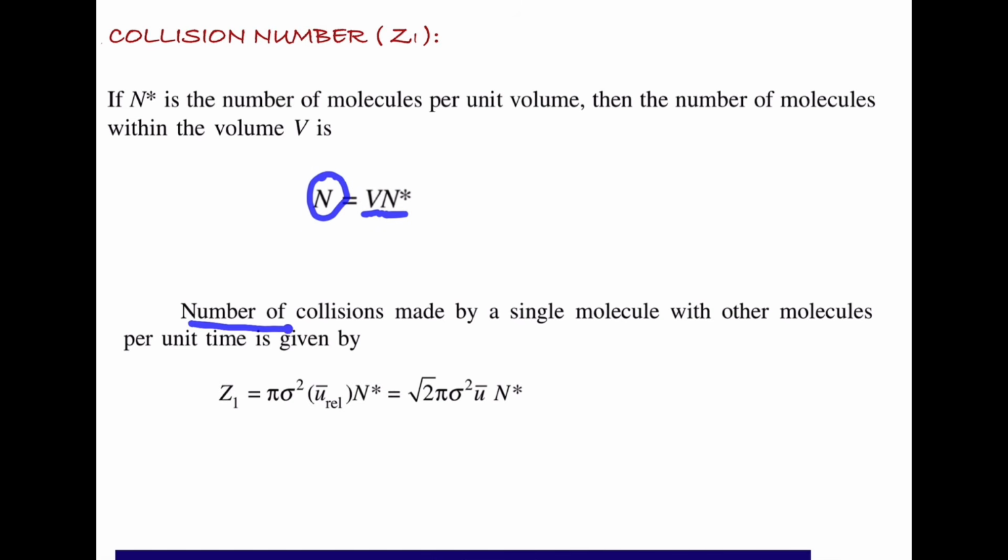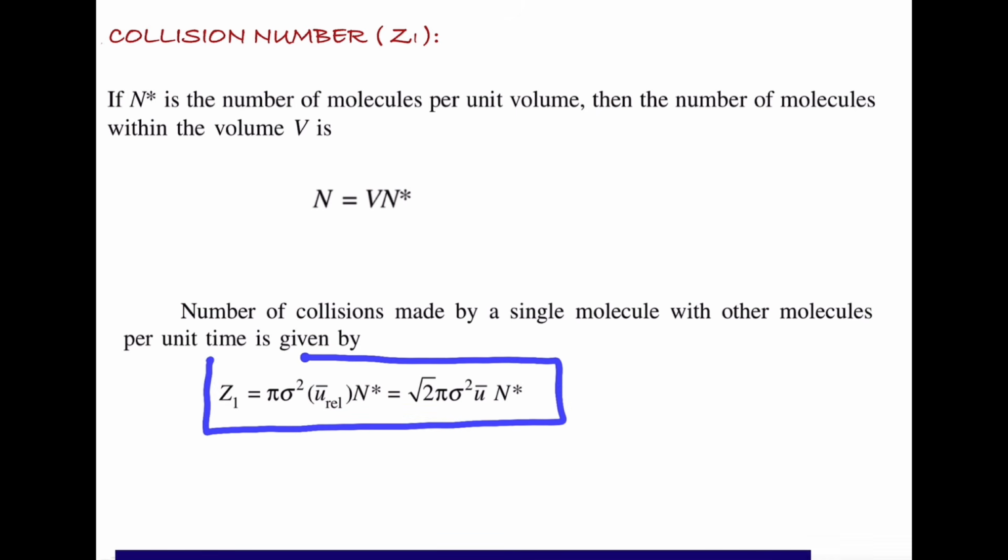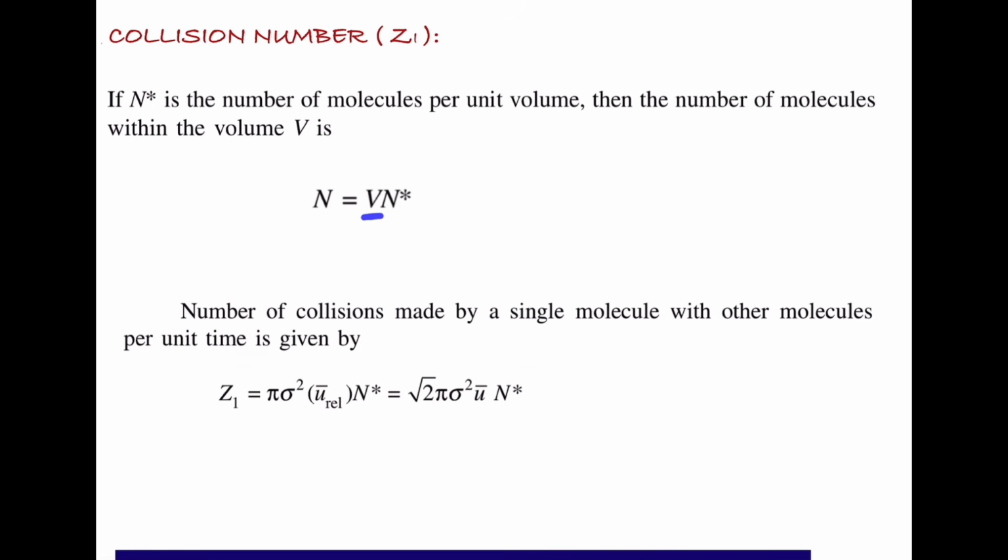Therefore the number of collisions made by a single molecule with other molecules per unit volume, because in this volume n molecules are present. Therefore Z1, that is collision number, is equal to volume of the gas into n star. Here volume of gas is nothing but the volume of the collision cylinder.